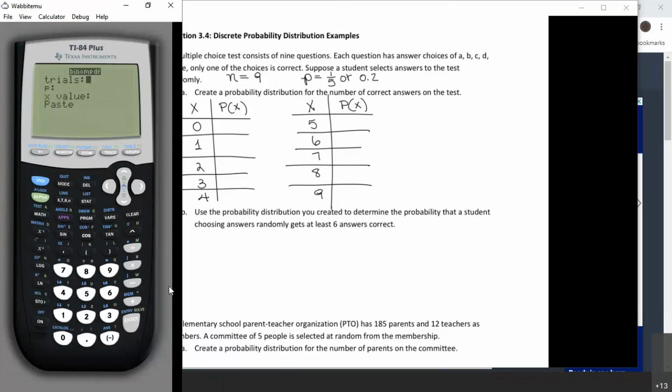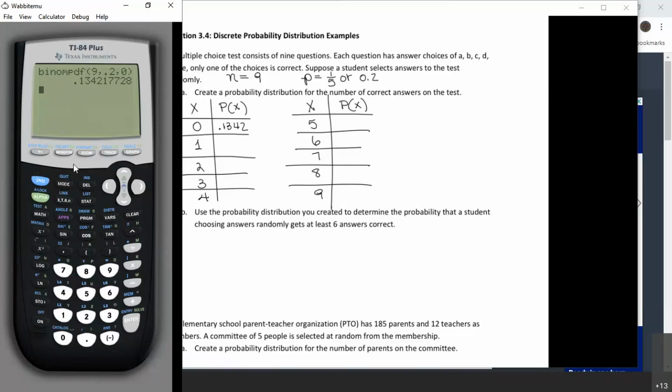Number of trials is 9, my p-value is 0.2, and the x value I'm interested in right now is 0. Paste. That's what it pastes in the window. It gives me my probability of getting none of them correct, which is actually pretty decent, a 13% chance I get a 0 on this test.